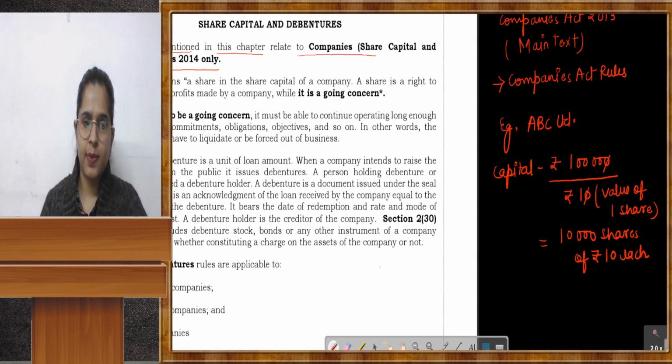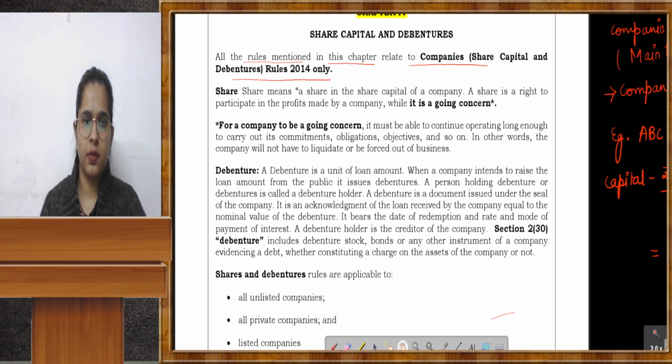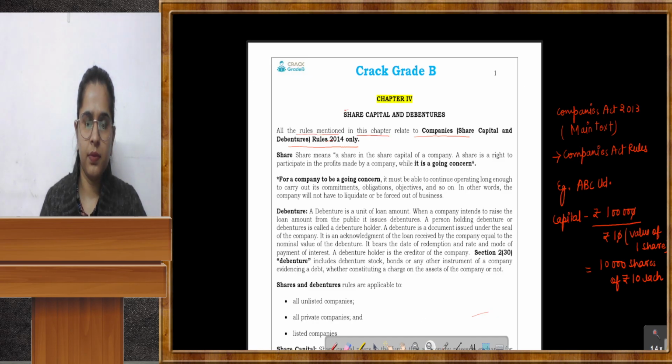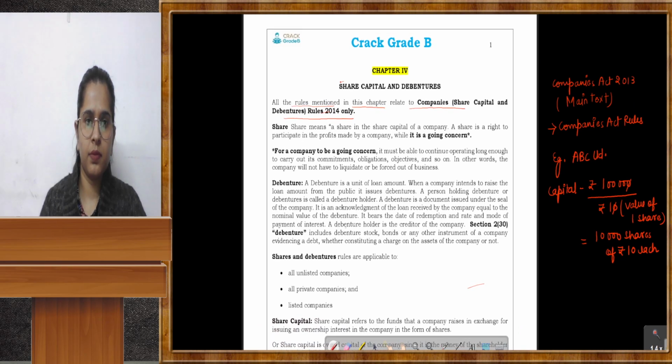Now let us see what has been given in your notes. They are telling you the meaning of share. Share means a share in the share capital of a company.